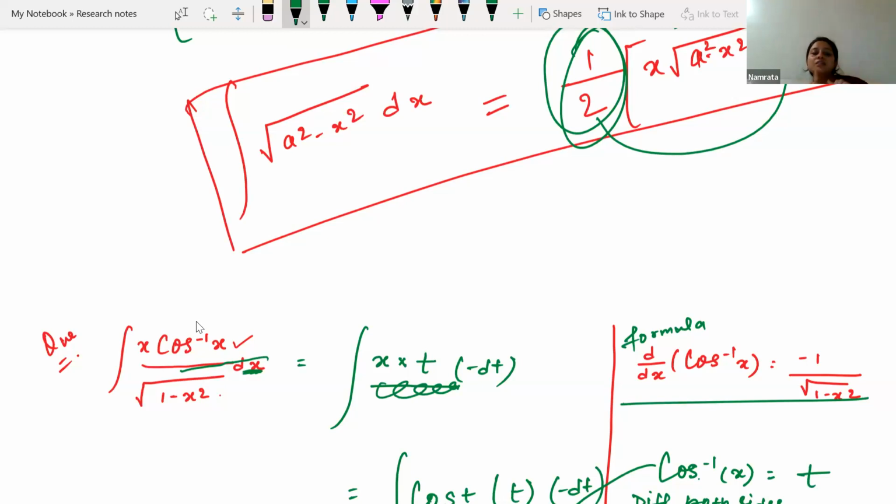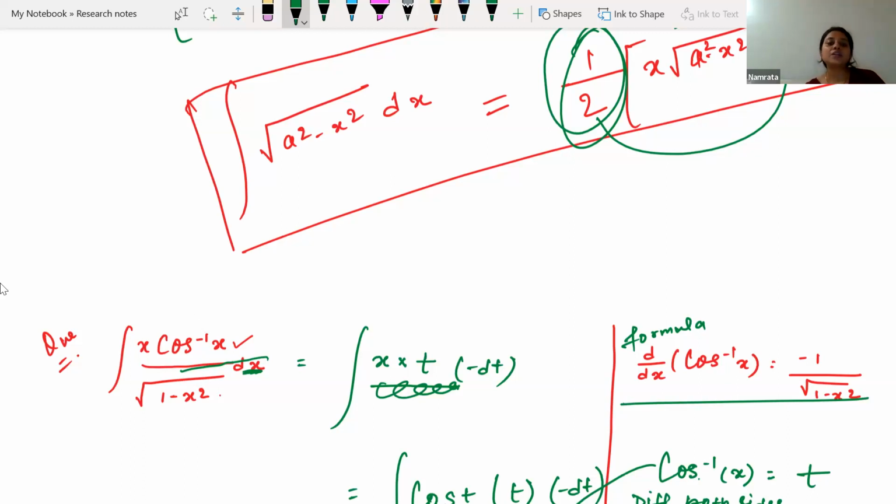So if anything like this is visible in the integration, where one is the derivative and another is the actual function, then we always do the substitution first, without thinking about by parts, some particular formula, or any other method. Whenever you see that one function is there and that function's derivative is also sitting in the given integration, first go and do the substitution.